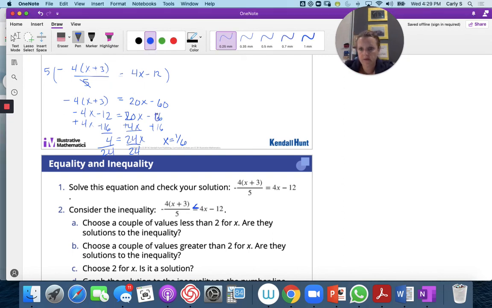Right here. That's 60. I'm adding 60 to both sides, and I get negative 12 plus 60, which is 48.